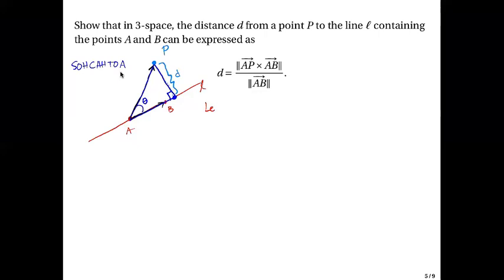So we let the vector U be the vector AB. So remember this black part here, from A to B. And then we let V be the vector AP. So from this point up to that point.